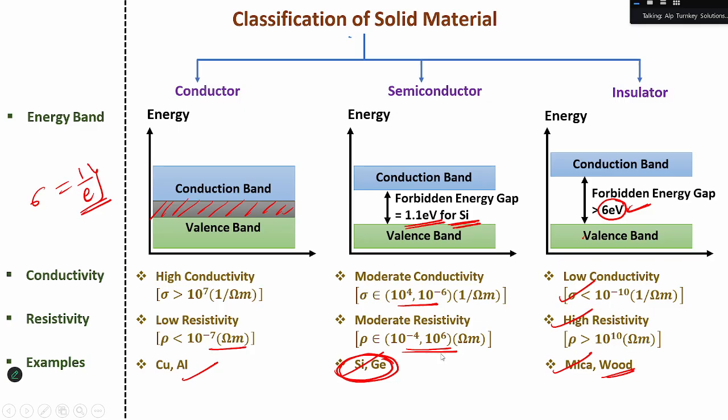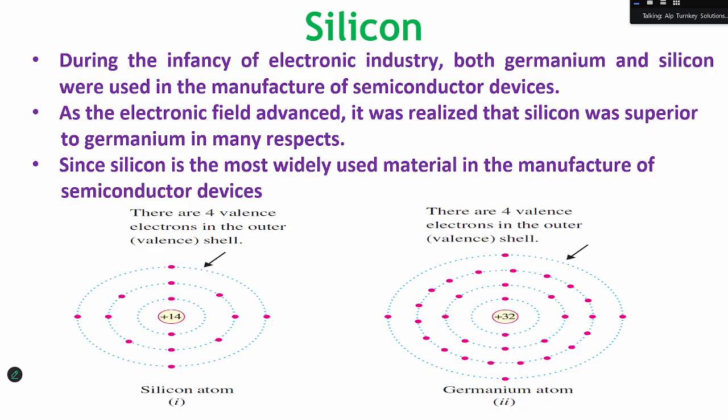A semiconductor has moderate conductivity, from 10 power 4 to 10 power minus 6 per ohm meter, and moderate resistivity, 10 power minus 4 to 10 power 6 ohm meter, like silicon and germanium.